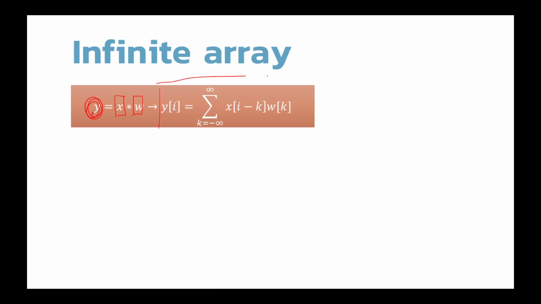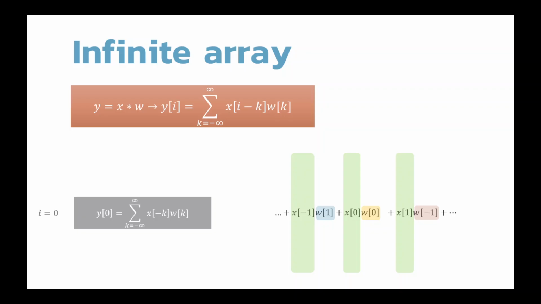And these are the operations. It's just a summation of multiplications between the elements of x and w, although there is a shifting of the elements happening. I want to show you a little more visually. For example, say I want to calculate y at position 0, so y0, where the index i is equal to 0.